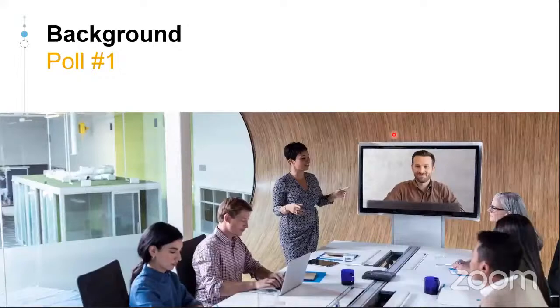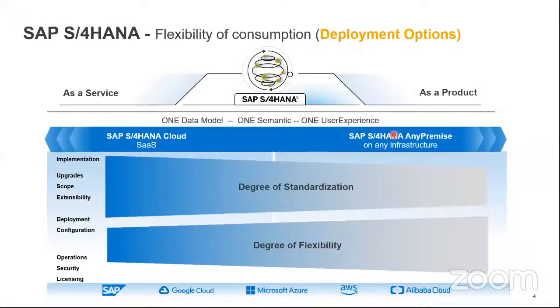Okay, so I'll just move to my next slide for now. When we talk about S4HANA, I think most of us would know about it. It's SAP Business Suite on the HANA database. So what do we actually mean by that? We have our traditional SAP ECC, which we used to have, which is now the SAP Business Suite.